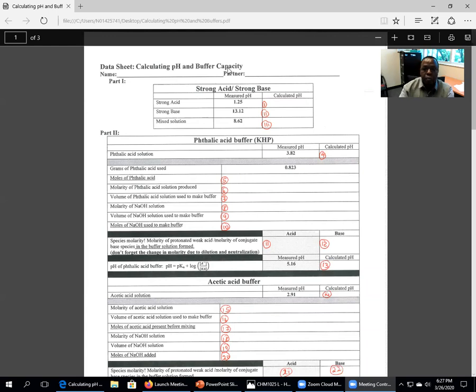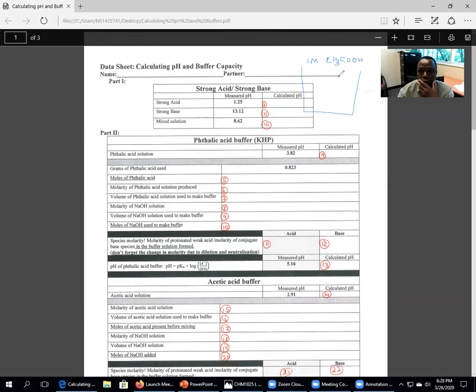If I have a solution here of 1 molar acetic acid, CH3COOH, this is acetic acid, 1 molar.